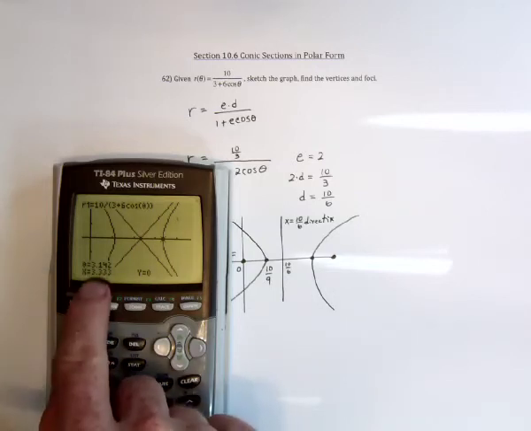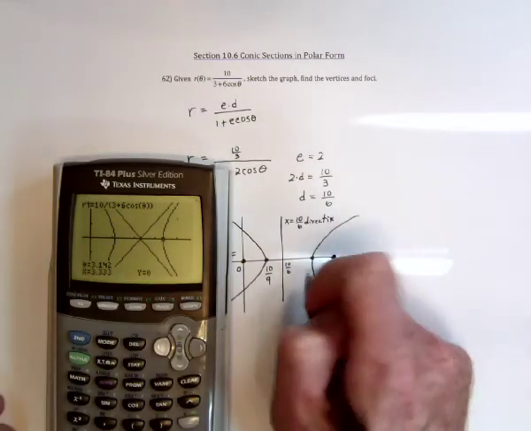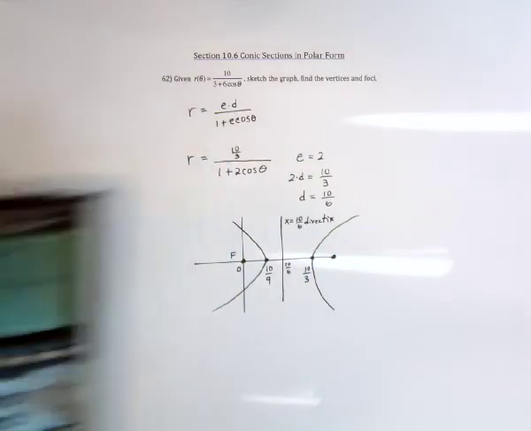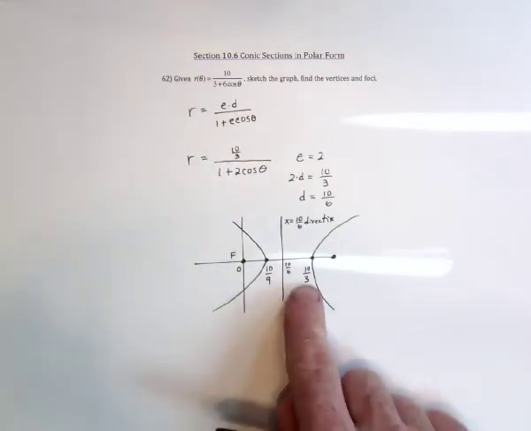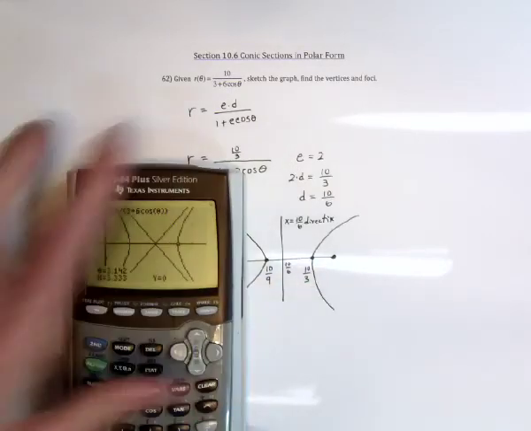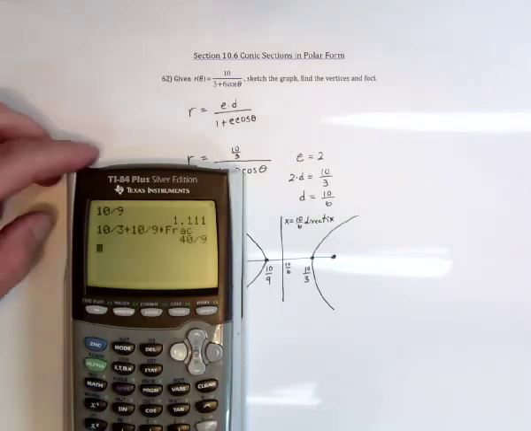So then x is 3 1/3. 3 1/3 is 10 thirds. So we just need to go from 10 thirds and add on this length 10 ninths to get over to here. So 10 thirds plus 10 ninths is 40 ninths.